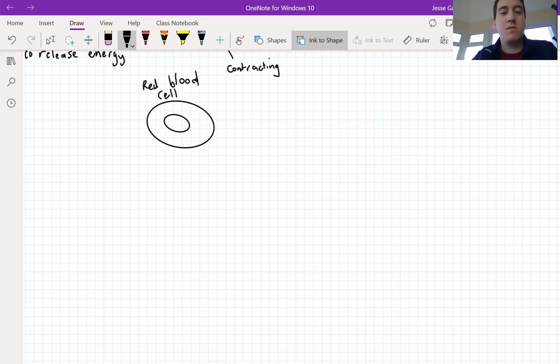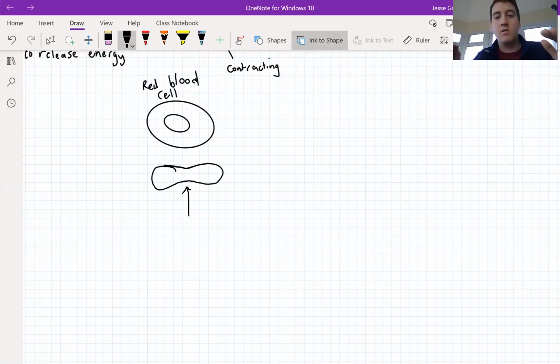Now, that's it looking from the top down. If I drew it from the side, I would see this. So they are kind of a disc, but they have these two dents in them, okay? Two dents, kind of like the arch of a bridge. This is called a concave shape.